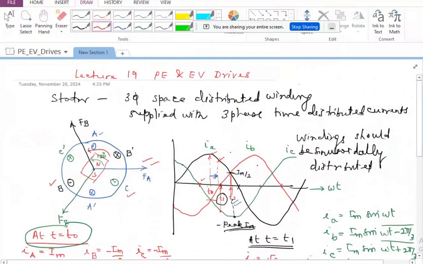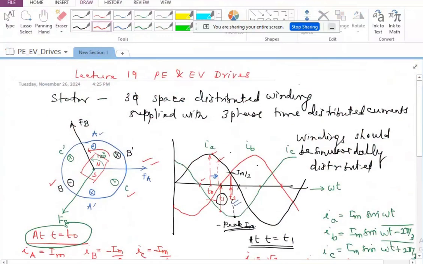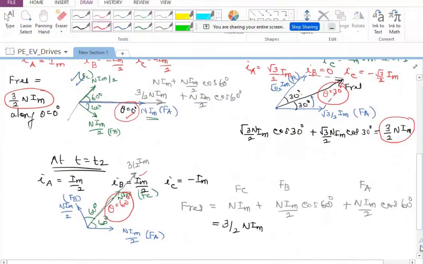So when omega t moved away from t naught by 60 degrees, this vector has also moved by 60 degrees in the anti-clockwise direction. So by extension, we should be able to say for every 30-degree displacement of omega t, the vector is going to go round further and further in the anti-clockwise direction by 30 degrees.